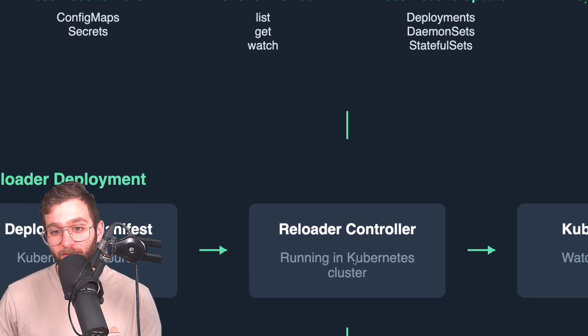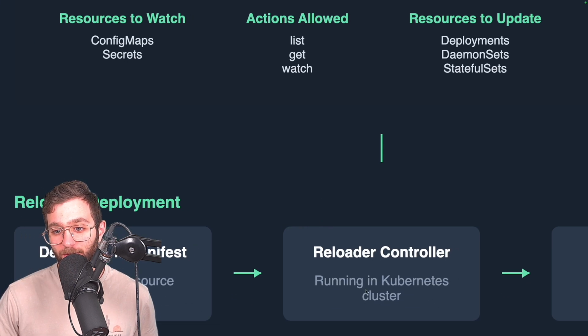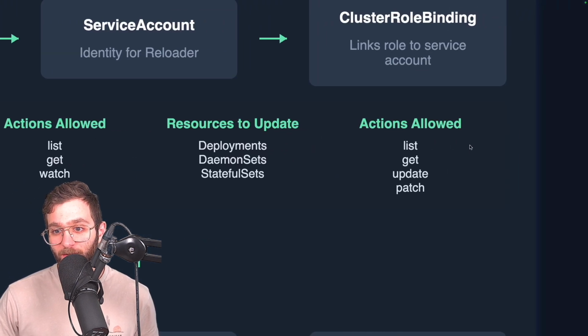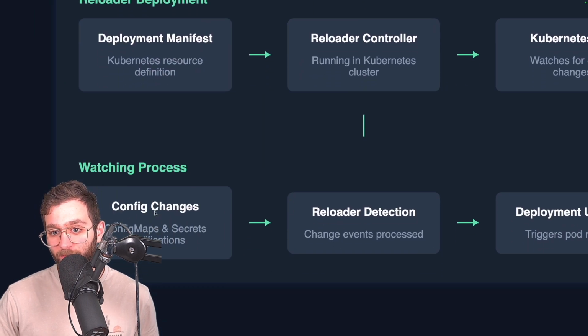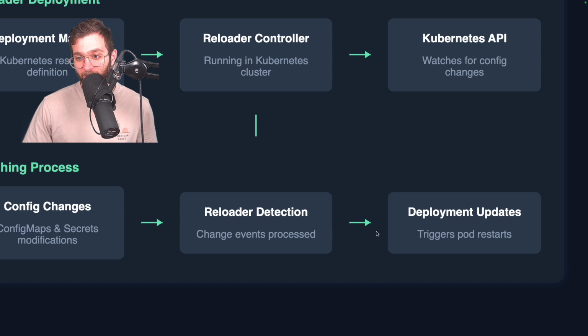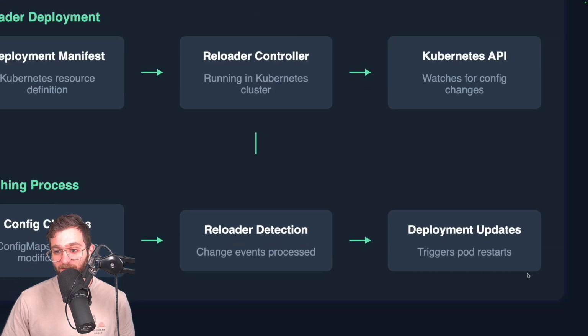This effectively allows the Reloader controller to monitor our configuration resources and be able to detect when they get updated. And when these resources get updated, we also want to give the Reloader controller the permissions to update and patch deployments, daemon sets, and stateful sets, effectively allowing our Reloader controller to watch for configuration changes, detect them, and then trigger pod restarts, whether those pods are being managed by deployments, daemon sets, or stateful sets, doesn't really matter.